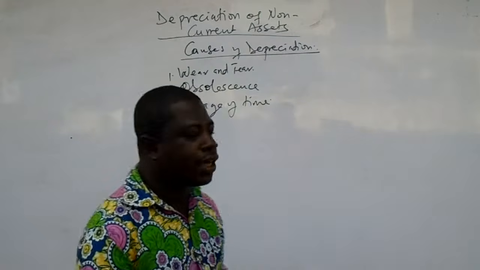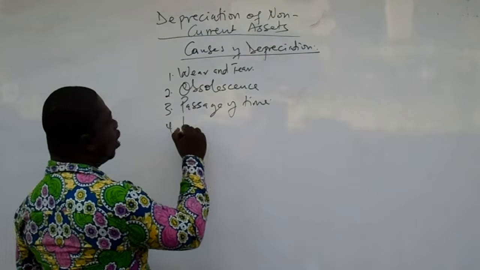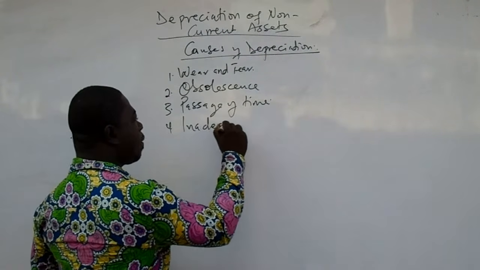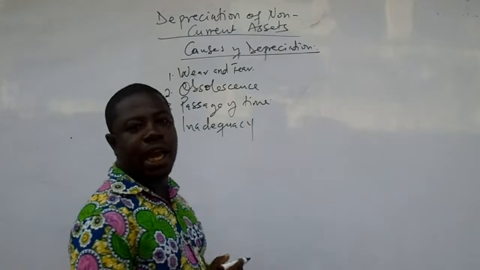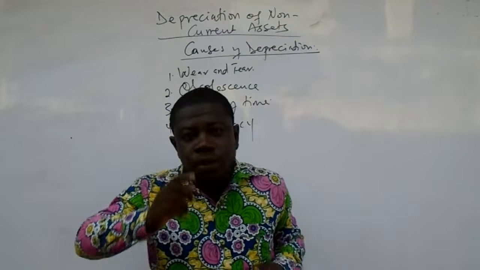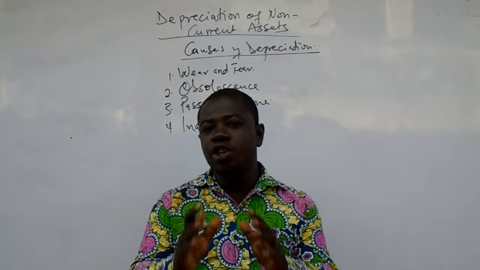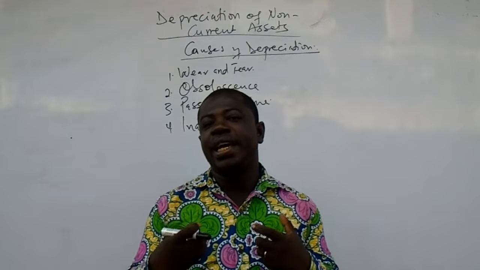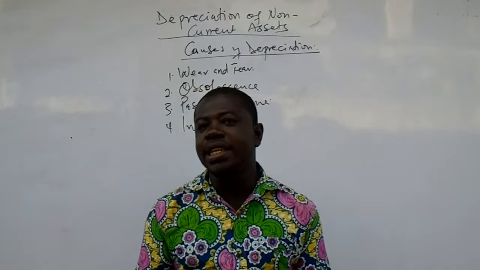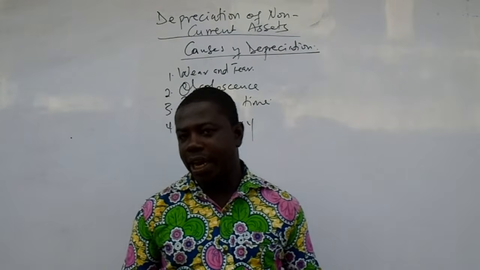And then the next cause of depreciation that I can talk about is inadequacy. Inadequacy is the situation when the assets that you are using cannot cope with the new demands or the existing demand of the organization.